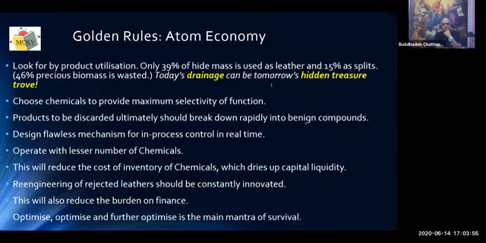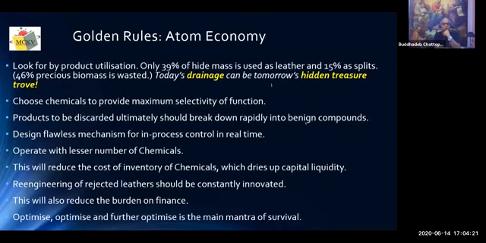The entire genesis of leather technology is a conversion of wealth from waste. So the scope is not ending. Scopes are still there. One has to see how both ends can be made to meet.